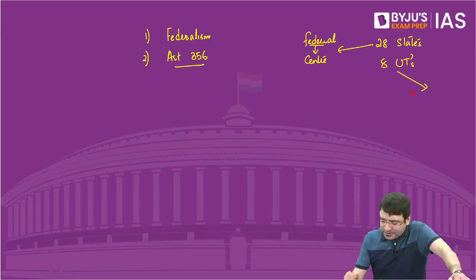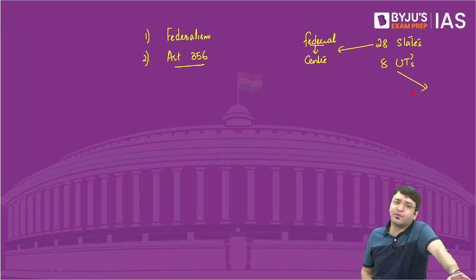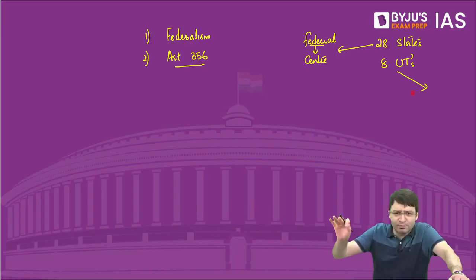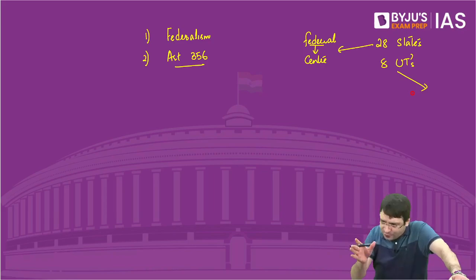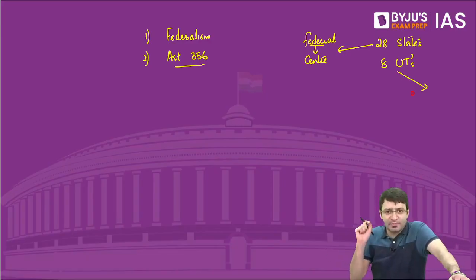But these union territories, who makes laws for these union territories? Parliament. We will exclude Delhi and Puducherry for a while because they have their own legislative assembly as well. But what is their role, we will discuss in union territories. Let's focus on the other union territories. Other union territories which do not have a legislative assembly.